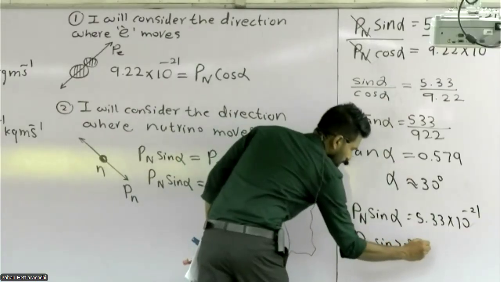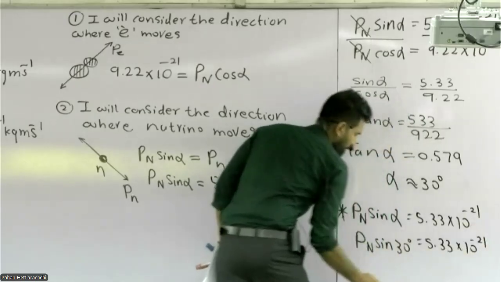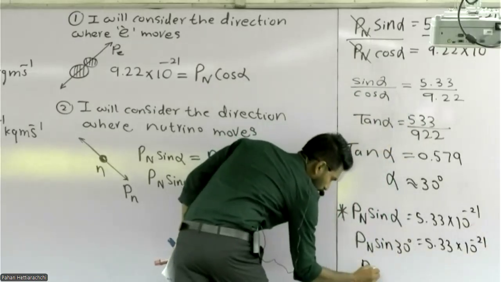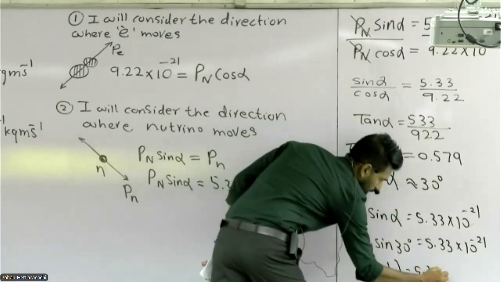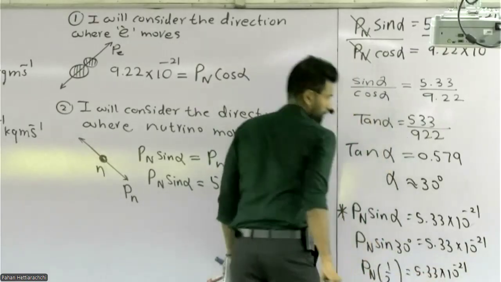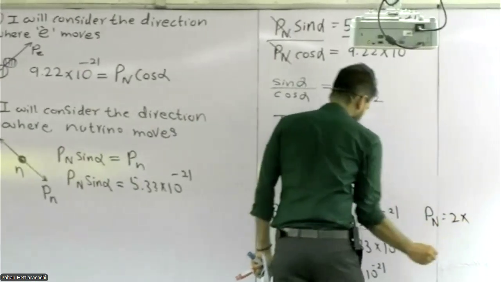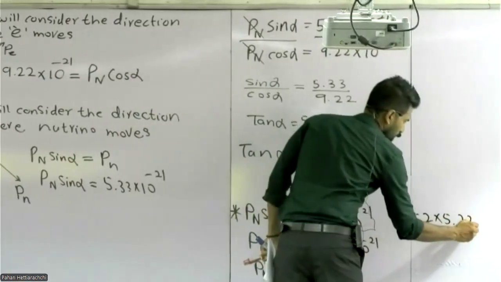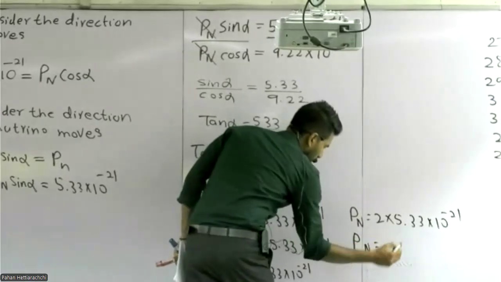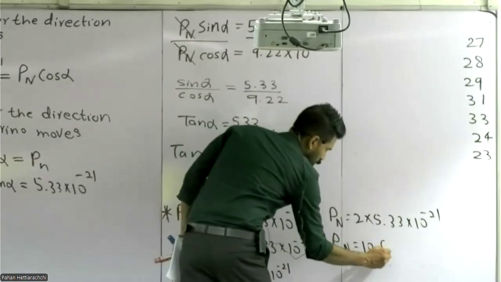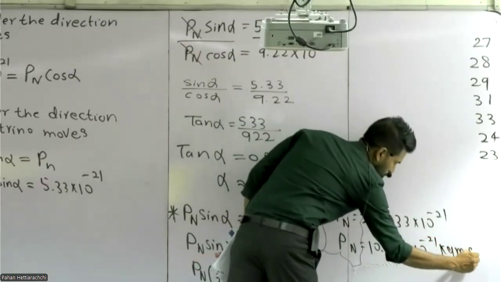Sin 30 is half. So half Pn is equal to 5.33 into 10 to the power minus 21. So Pn is equal to 2 into 5.33 into 10 to the power minus 21. Momentum of the recoiling nucleus is 10.66 into 10 to the power minus 21 kg m s^-1.